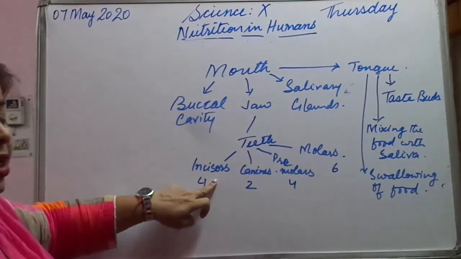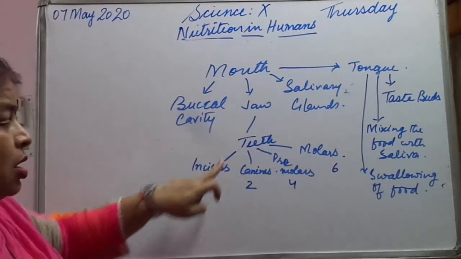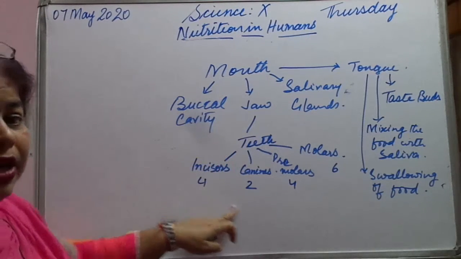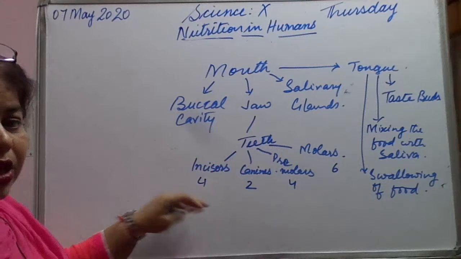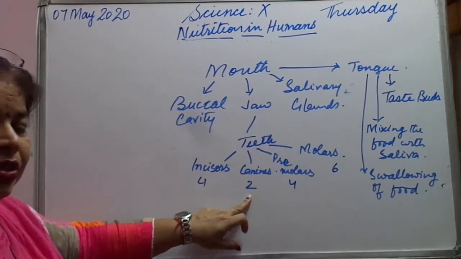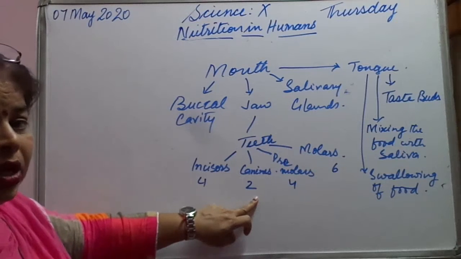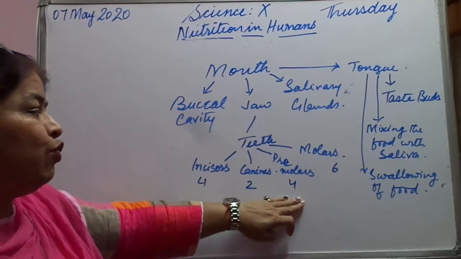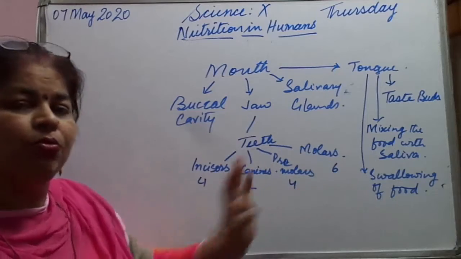Then the jaws contain teeth, and these teeth are of 4 types. Incisors, which are 4 in number, help in biting the food. Canines, tearing teeth, are 2 in number in one jaw. Then 4 premolars and 6 molars.